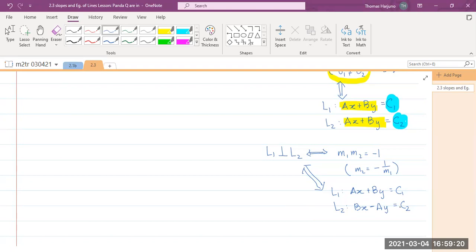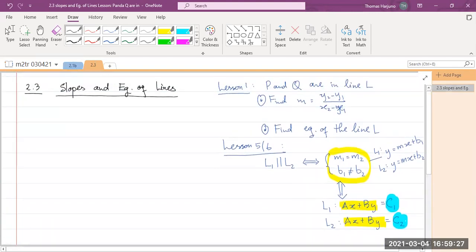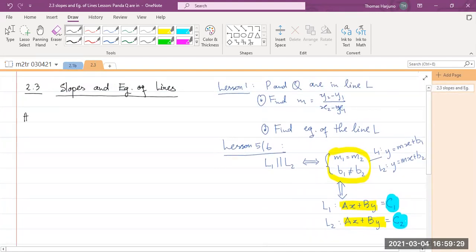Let's say, for example, number 29. So I do the one that is easily done first. Number 29.